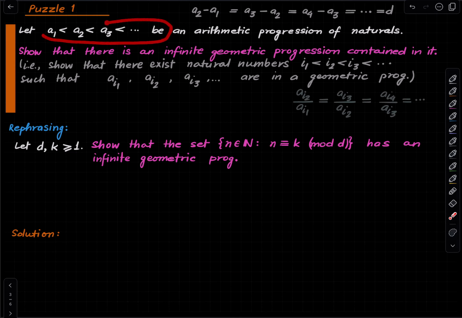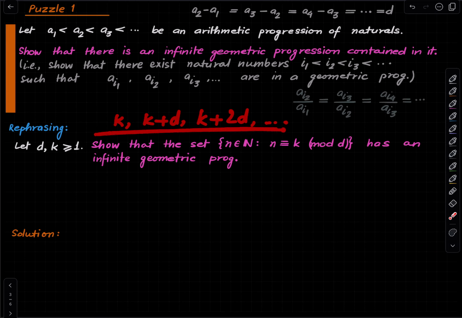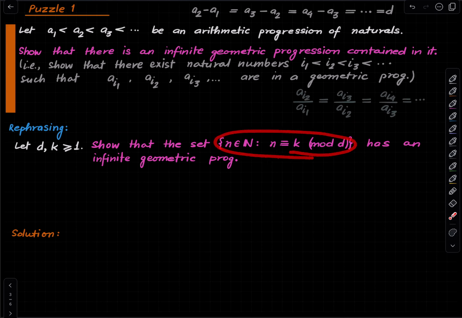So this set is almost the same as that set. Every number in the list k plus d, k plus 2d, and so on is here. This set could be a little bigger than that list. That's okay, because if k is a very big number and d is a small number, then this set might be containing more things than the list k plus d, k plus 2d, and so on.